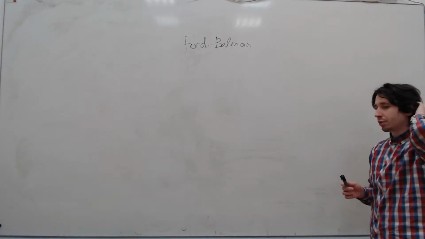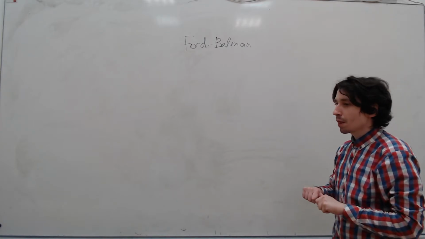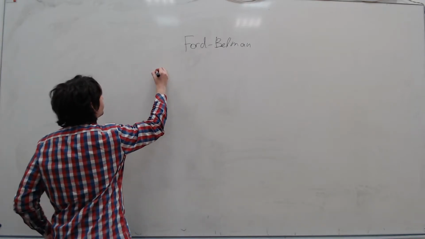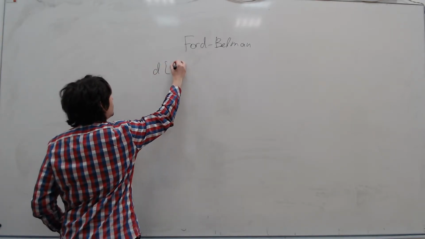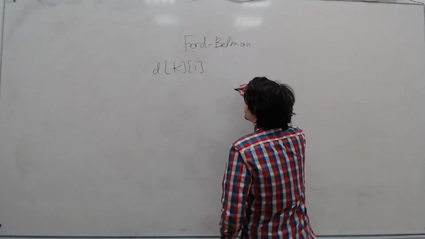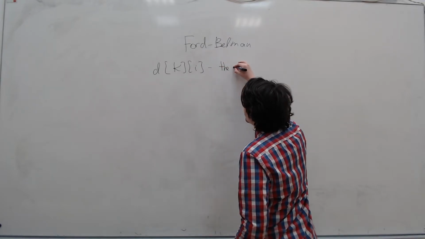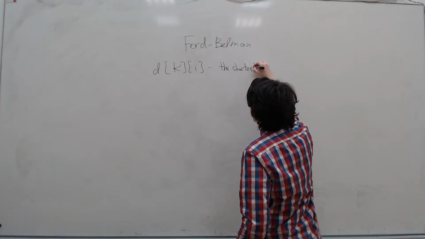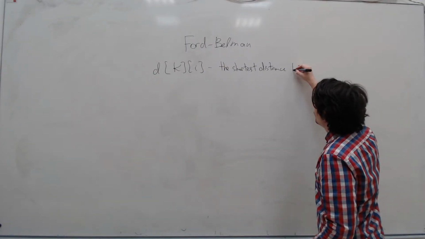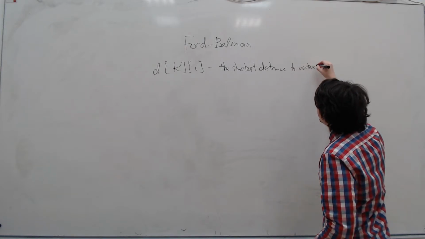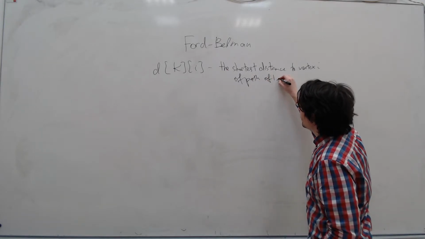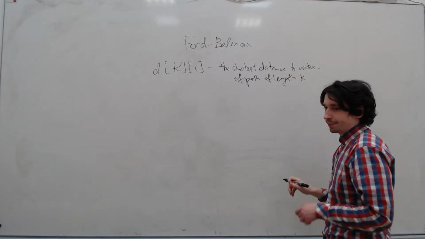How will the Ford-Bellman algorithm work? We will calculate the dynamic programming d[k][i]: the shortest distance to vertex i of a path of length k.